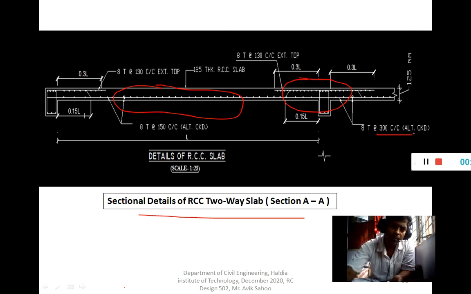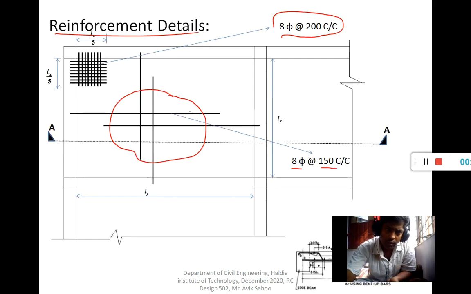If I cut alternate bars, in the previous slide I just showed you, if this is a spacing 150, so at bottom here what is the spacing? One alternate bar is cut, again this bar is continued, so what is the spacing? So at the support the spacing is how much? 300.